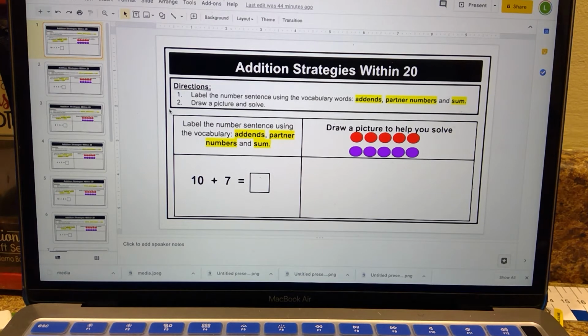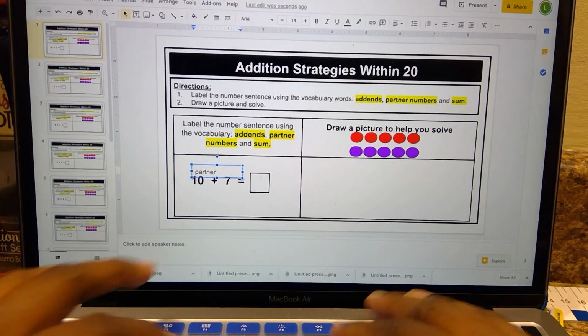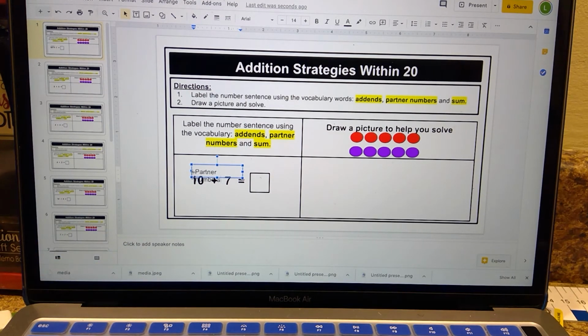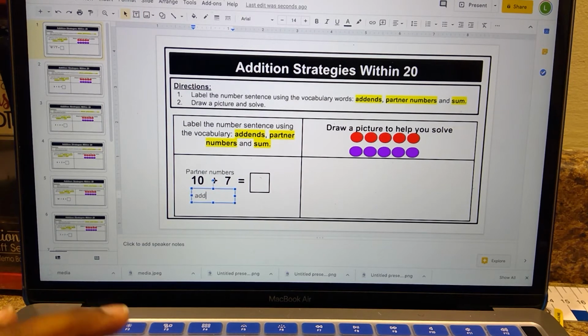The first thing I'm going to do this time, I am going to label it. This time, I'm going to put partner numbers on top. And then I'm going to label it again. And I'm going to write additives at the bottom.